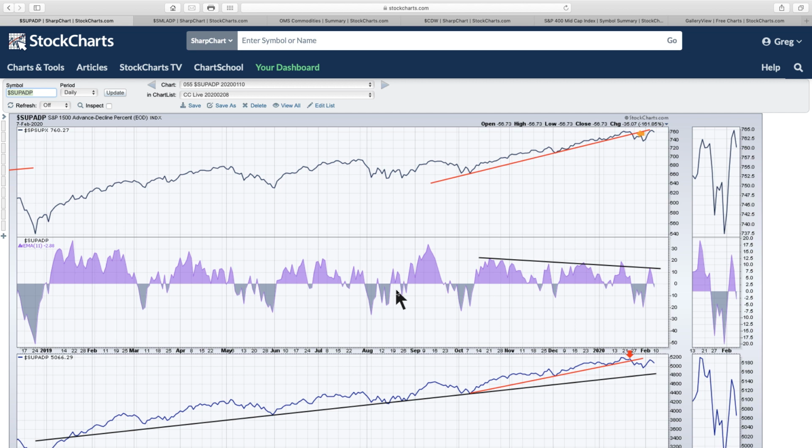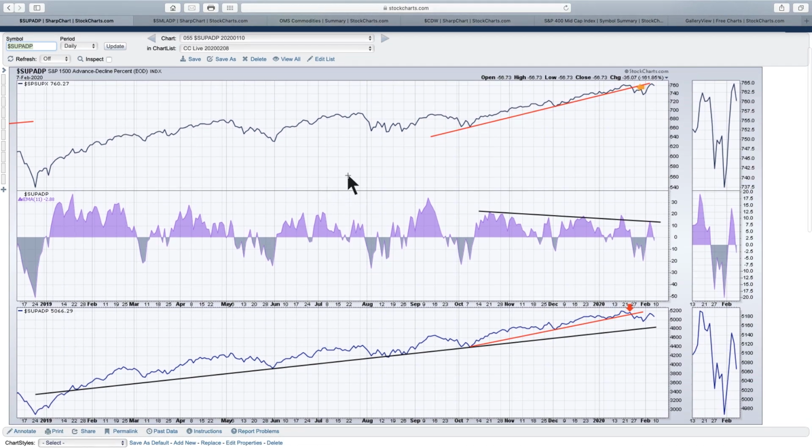So anyway, what I show here on the three different panels, the top panel, is how the actual index is working. So this is the value of the index, like the value of the S&P 500, but in this case it's the 1500. And then in the middle panel is the advanced decline percentage, and it's a 2-week moving average.